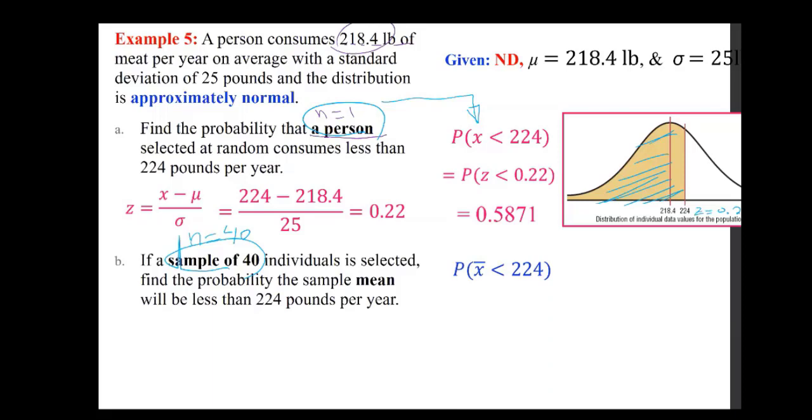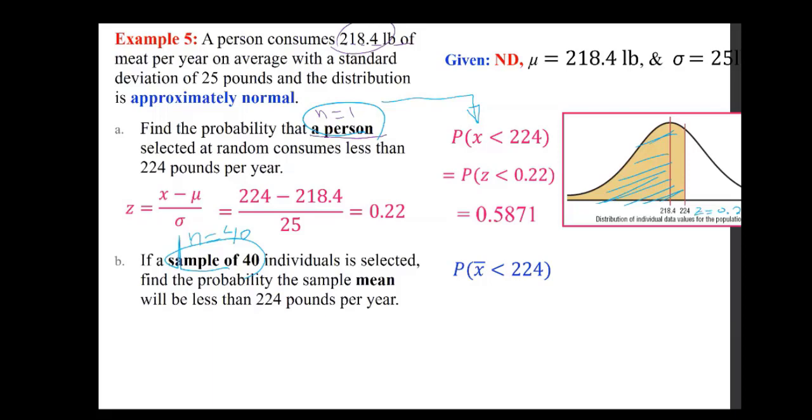I can't really emphasize this enough. This is how we distinguish between the two. I mention that because in the past, I've noticed sometimes students have difficulty realizing which one is which. So pay attention to n. If n is 1, probability of x, and if it is other than 1, x bar.